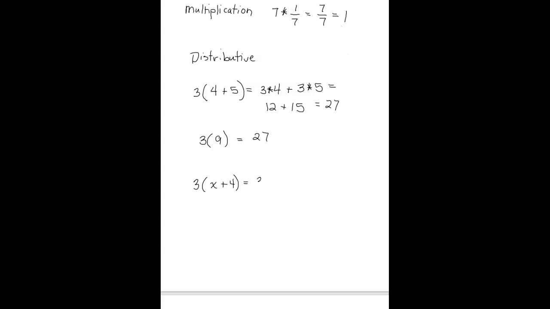So I have 3 times x, which is going to get me 3x, plus my 3 times 4. So I wind up with 3x plus 12. And that's as good as that's going to get. All right, I'm going to stop here, and we're going to pick up with some exponents in just a moment.